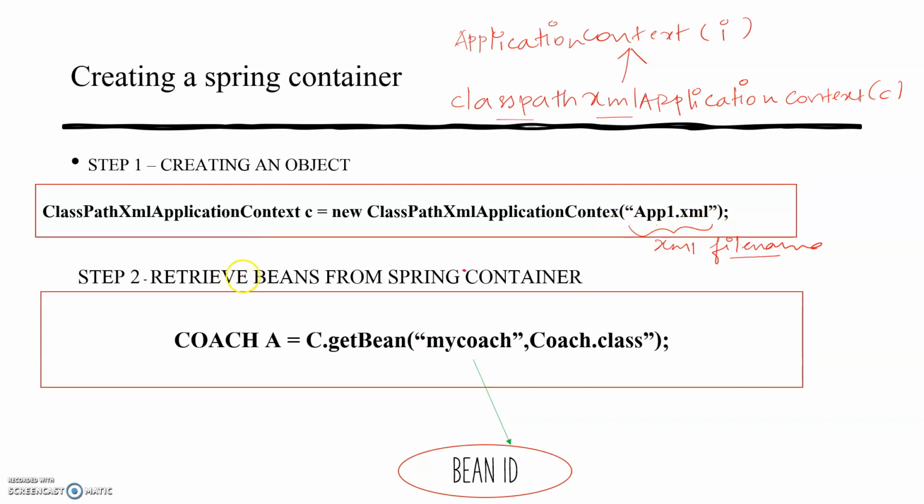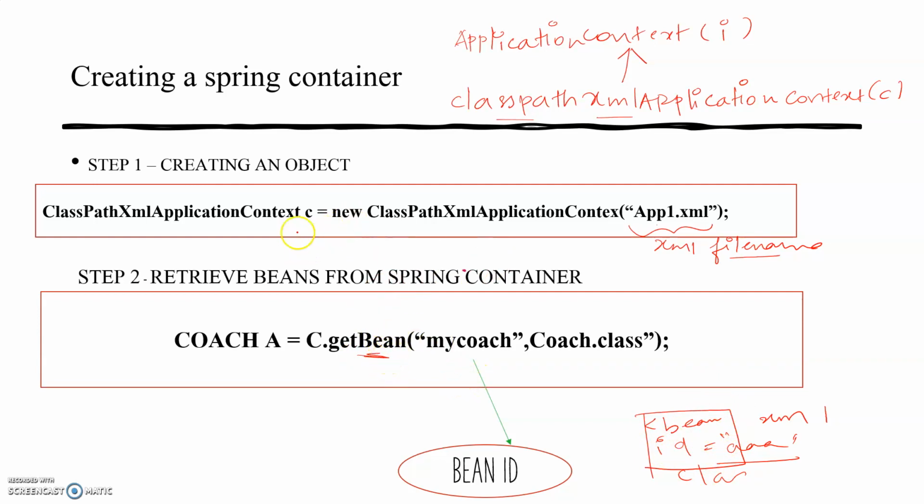And then we need to retrieve the bean information from the Spring container. For example, inside your XML we will be writing bean, right? Bean, and then id equals whatever id, and class. Now to get the information of the object, we use a method called getBean.